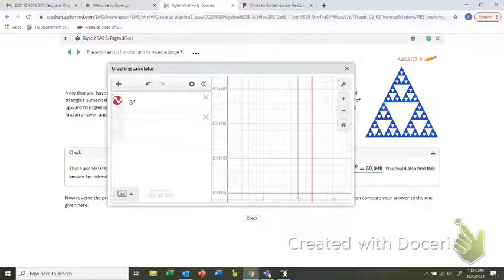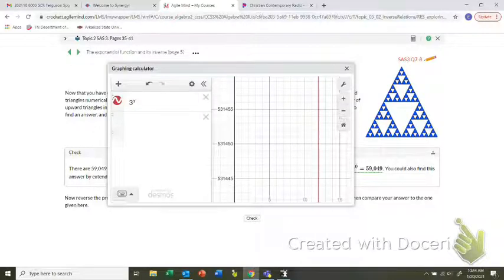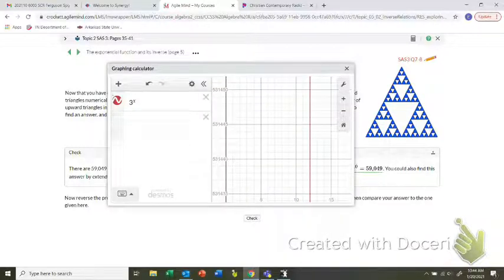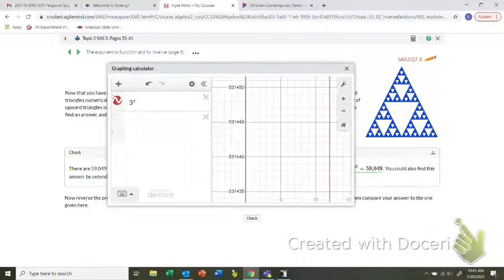All right, you have to kind of play around with this graph and get it just right. But we are pretty close. Here is 500. Here is 541,000. And they meet right here.